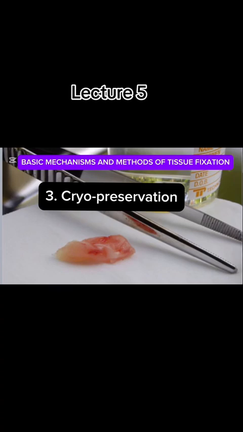Freezing immobilizes biological processes and prevents autolysis. So freeze drying removes water, hence preserving tissue structures. However, it requires specialized equipment, for example, a cryostat, and careful handling to prevent ice crystal formation, which can distort tissue.